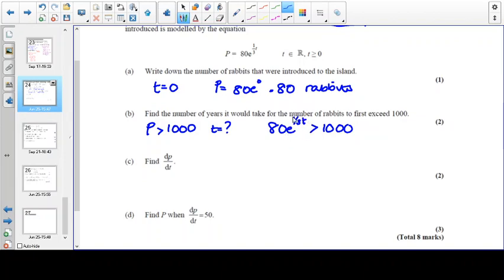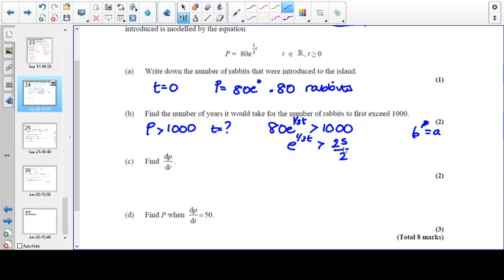First of all, we need to make the e the subject. So e to the third t is greater than 1,000 over 80, which is 25 over 2.